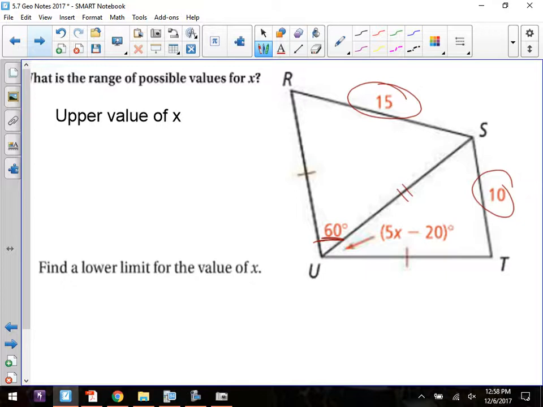Which means, can the angle of 5x minus 20 be bigger than 60? No. So we use the inequality: 60 is your upper limit, and the other angle has to be smaller than it. 5x minus 20 has to be smaller than 60 degrees.